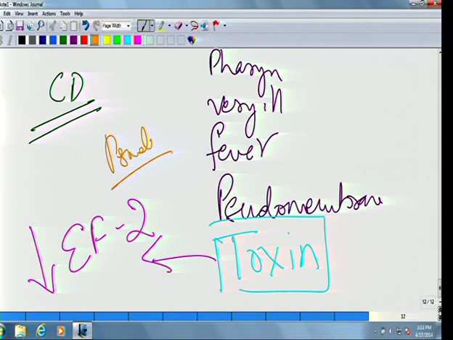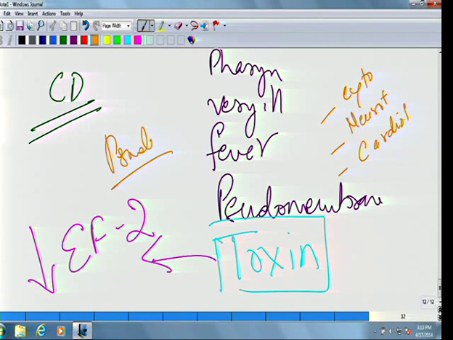So C. diphtheria, anybody can recognize classical diphtheria, know the mechanism of action of the toxin and know what causes the pseudomembrane. So it is cytotoxic, it is neurotoxic, and what's the third? Cardiotoxic.